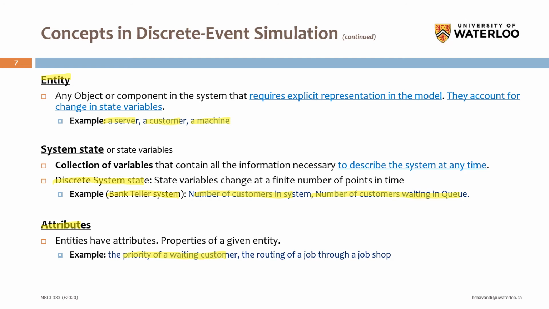Or the routing of a job through a job shop. If we have orders coming from the outside, each order or job may have a different flow of operations. Since the orders are differentiated from the others, we have to define these attributes, okay?